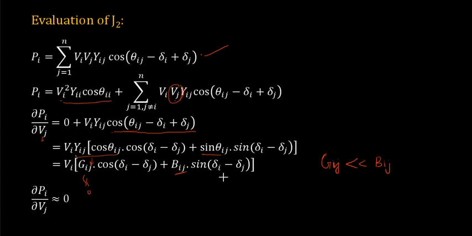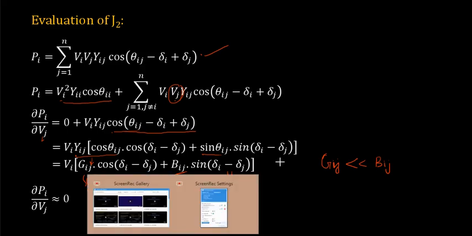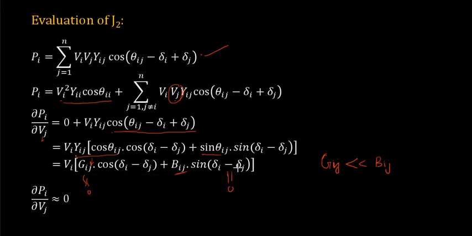Also, delta i minus delta j, the difference between angles of adjacent buses, can be taken equal to 0, so this term also turns out to be 0. So based on the assumptions that we have, Yij cos(theta ij minus delta i plus delta j) can be approximately equal to 0.